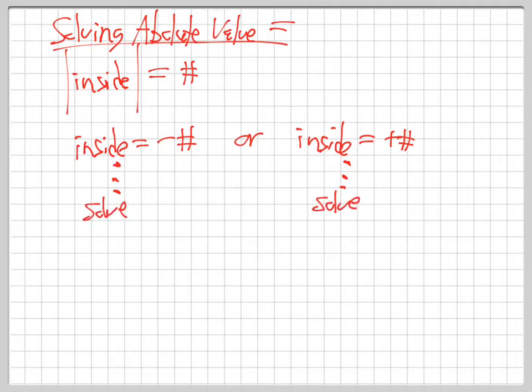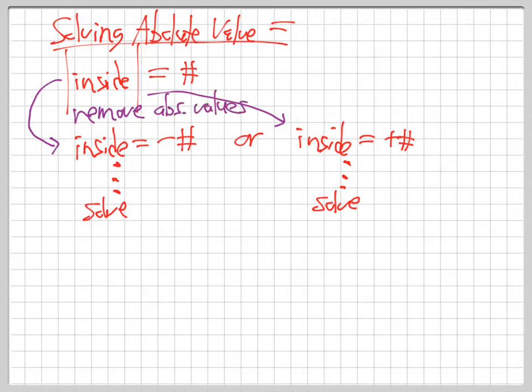And notice, from here to here and same thing to there, I removed the absolute values, didn't I? I removed them. Does everybody see that? That's the removal step.